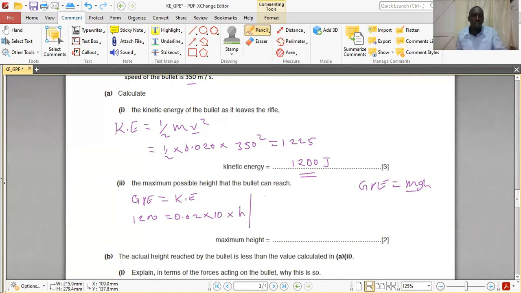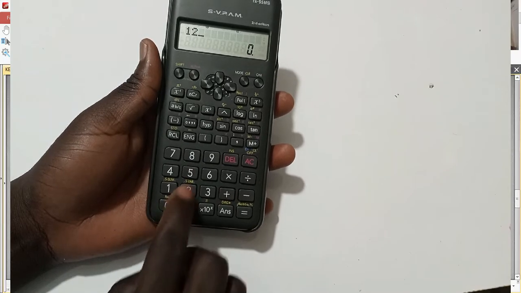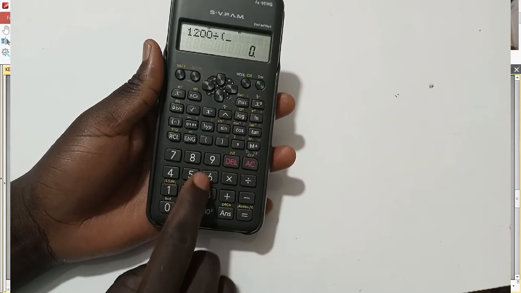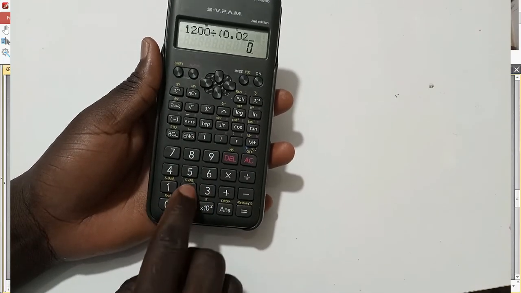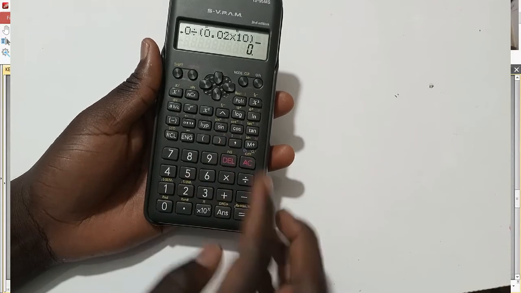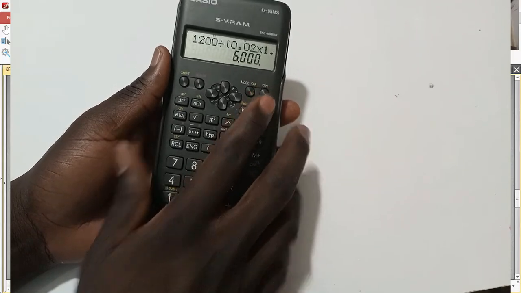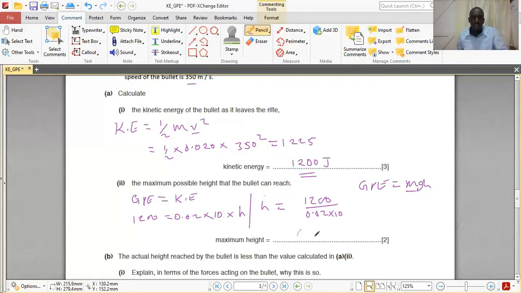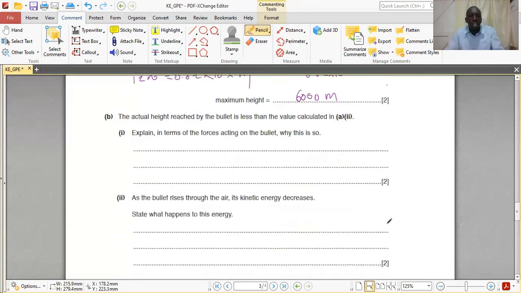So therefore, h will be given by 1,200 divided by 0.02 times 10. So that will be 1,200 divided by 0.2, and that is 6,000 meters.